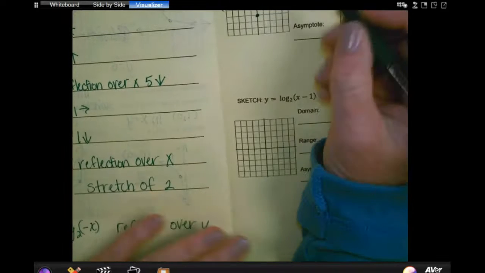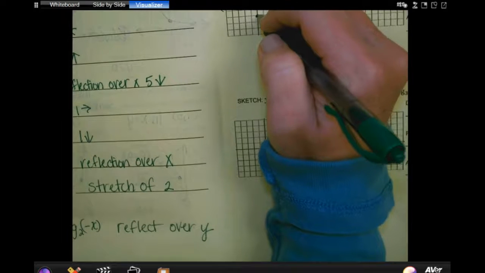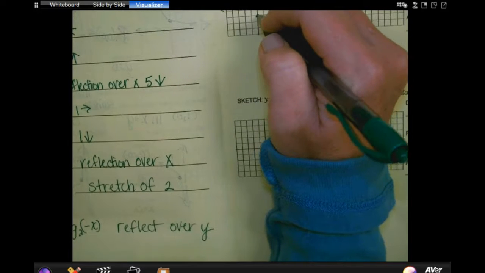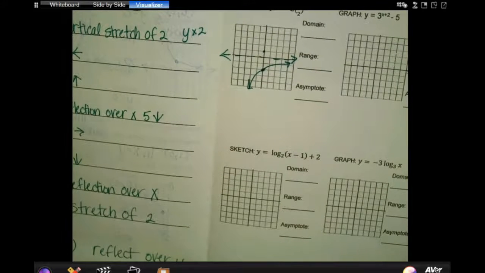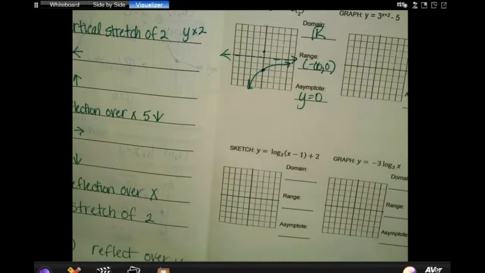And so it's reflected down. I just put it there so you can see what I did. So it's going to go like this. So my domain is all real numbers. My range this time is -infinity to 0. And the asymptote is still at y equals 0.